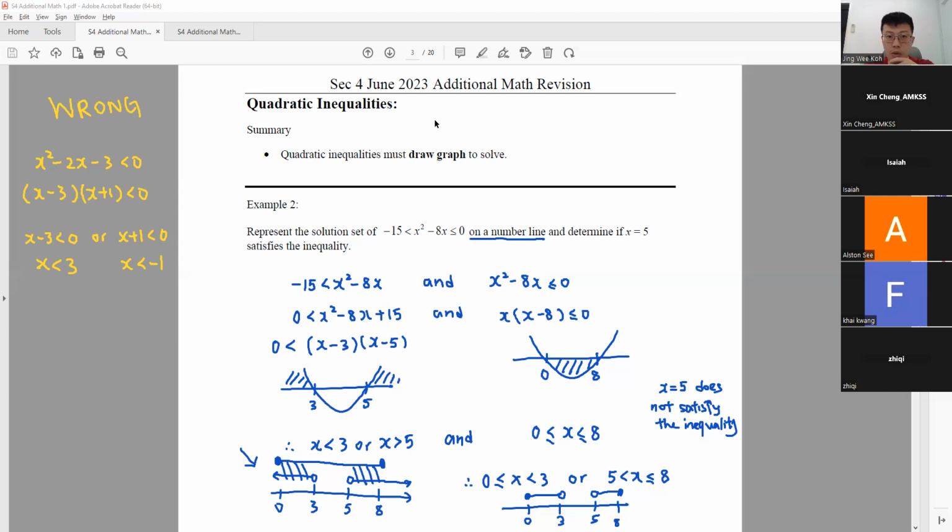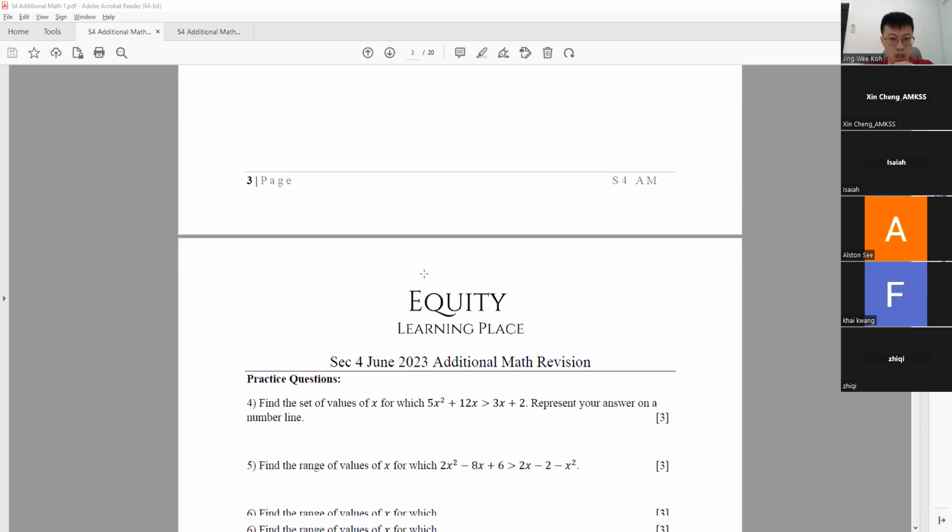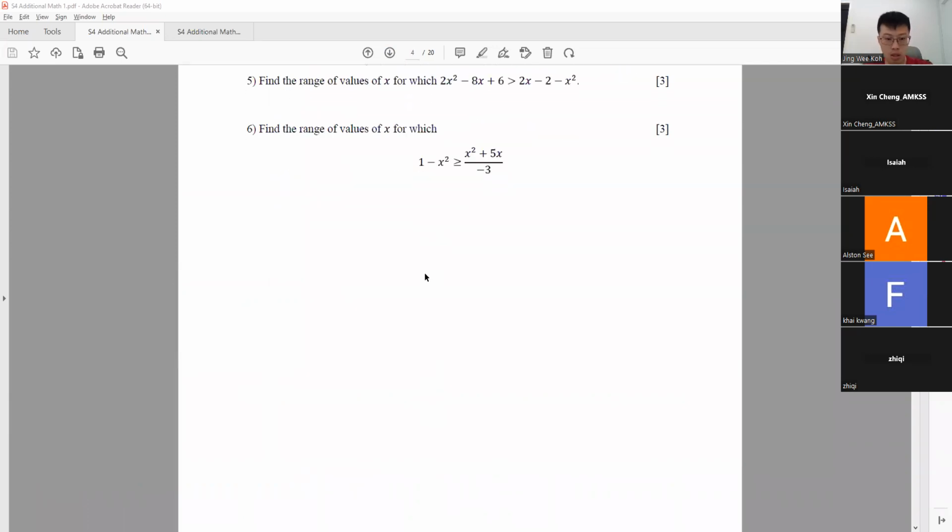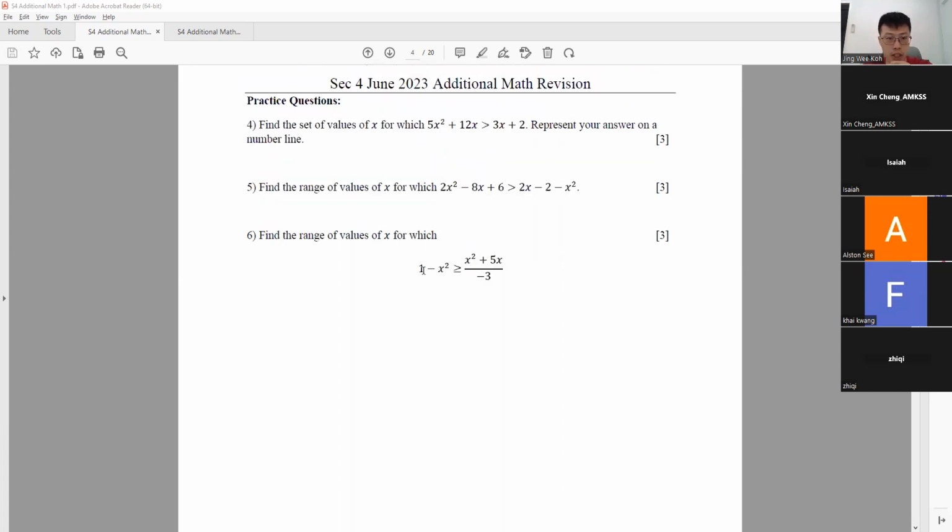If not, then we move on to the next chapter. Attempt questions 4, 5, 6 yourself.